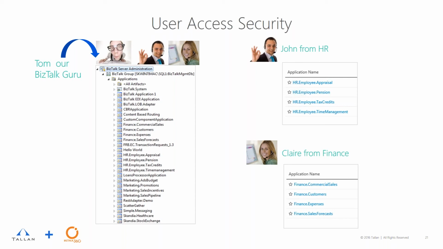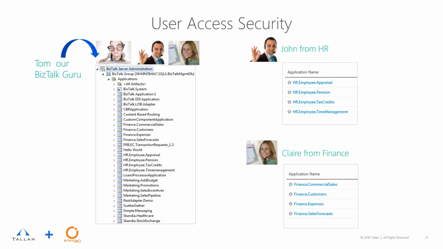But think about John, who only needs to support the HR related application. Think about Claire, who needs to support the finance related applications. They don't need access to all the applications, and they really don't know what they are doing if they start looking into the other applications. So in that case, we really want to restrict them to those specific applications.